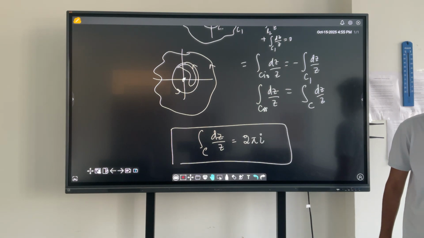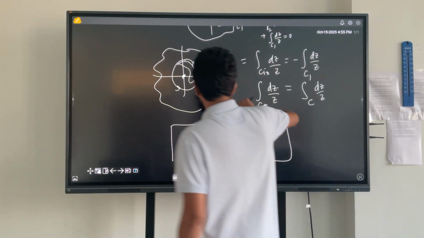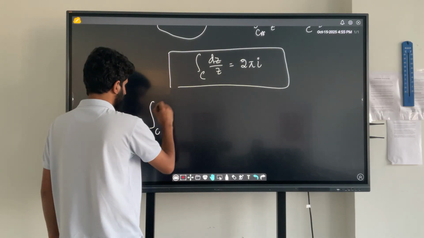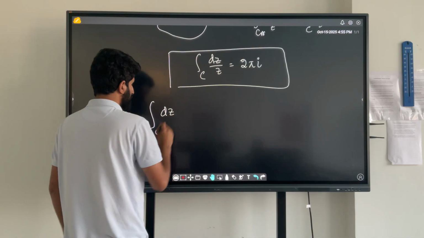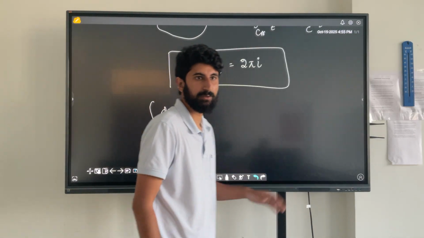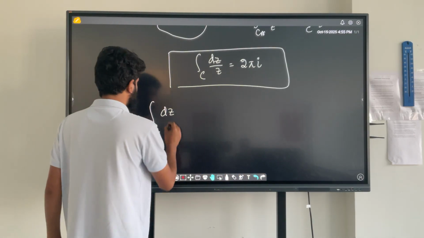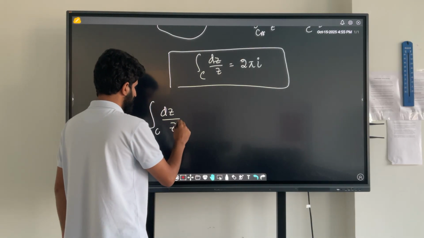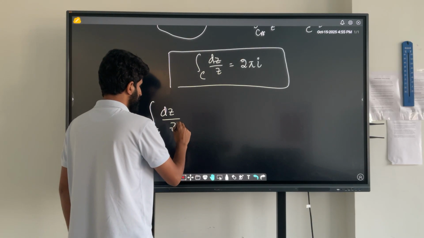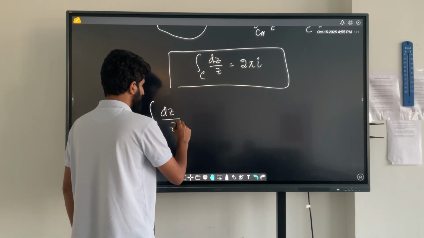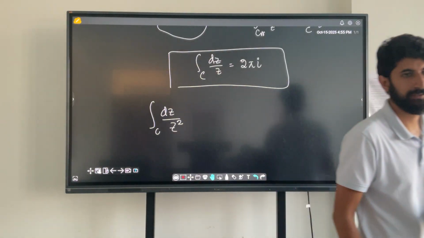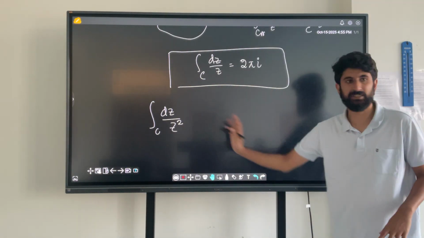How about integrating over some simple loop dz by z to the power, let's say z square, we'll generalize it a bit later, let's do dz by z square.